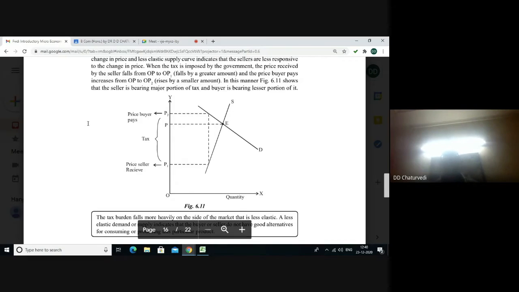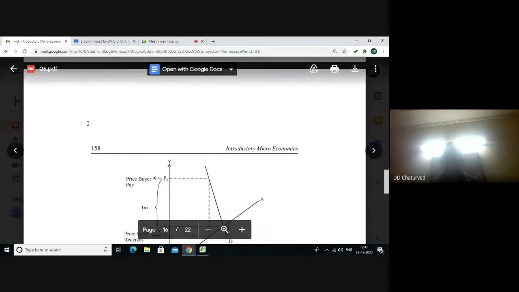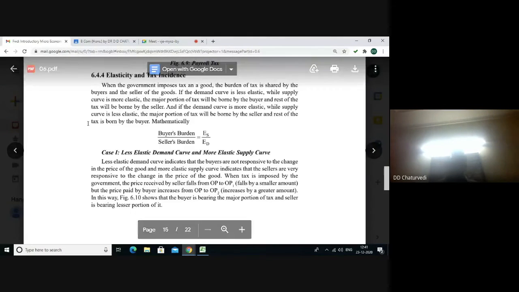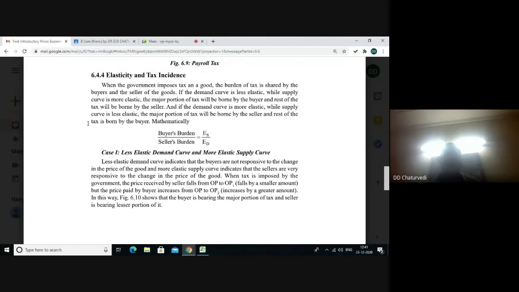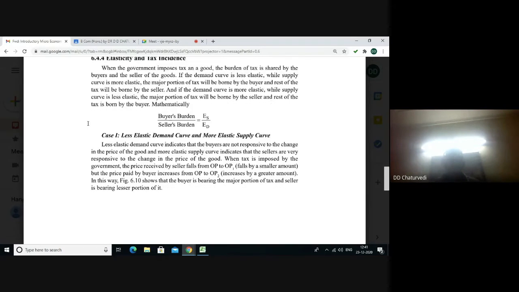The reason is demand elasticity is higher, and there is direct relationship between elasticity of demand and seller's burden. And as far as buyer's burden is concerned, since elasticity of supply is low, buyer's burden is low in this case.